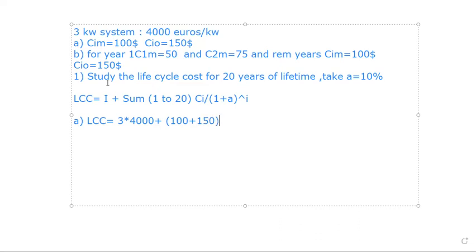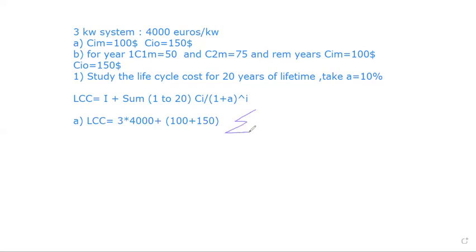You remember we have already seen the summation from I equal 1 to 20 of 1 over (1 plus A) to the power I, which is here 1.1, because A is equal to 0.1.